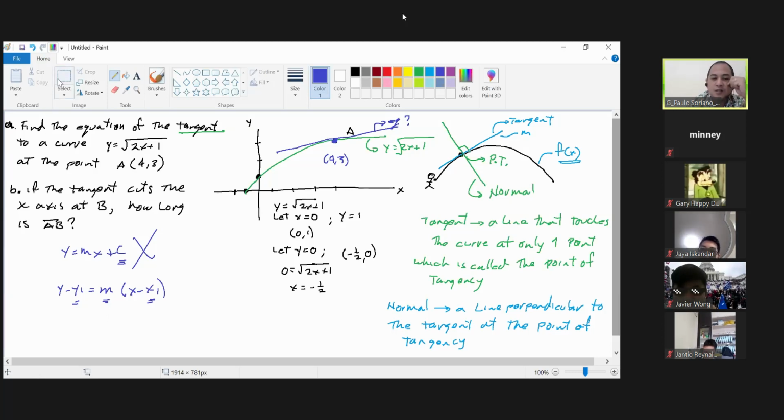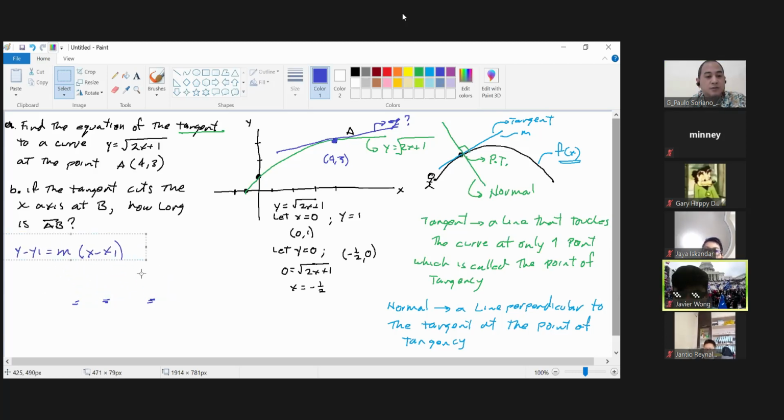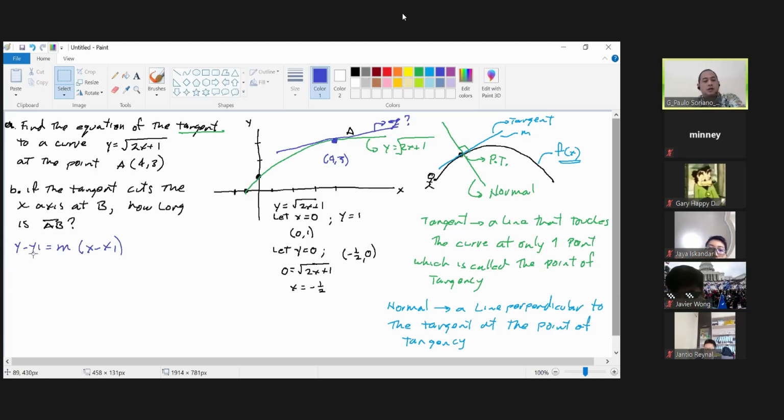So where can we find the gradient? You see what I did here? You saw how to determine which formula to use? Yes. Okay, so now that I have y1 and x1, I just need to find the gradient. And the gradient can be found, like we said a while ago, by deriving the equation. Derivatives, correct.